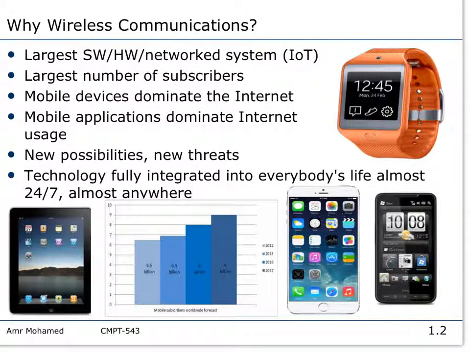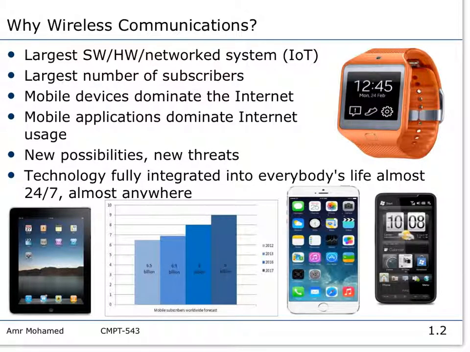We always strive to have more convenience, and this is what wireless and mobile communications provide us. It gives us the ability to be ubiquitous, to be able to move and access our data and services from anywhere at any point in time.